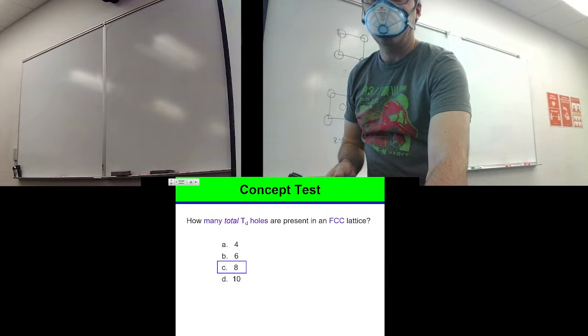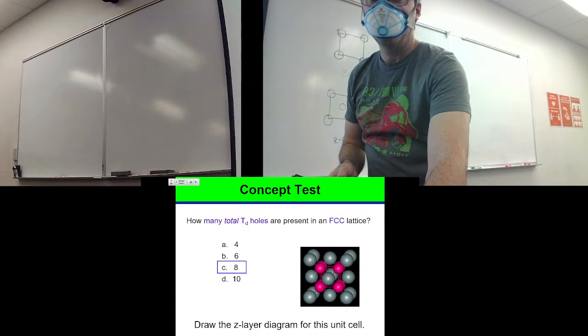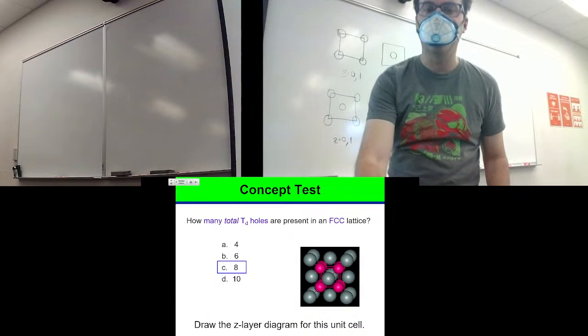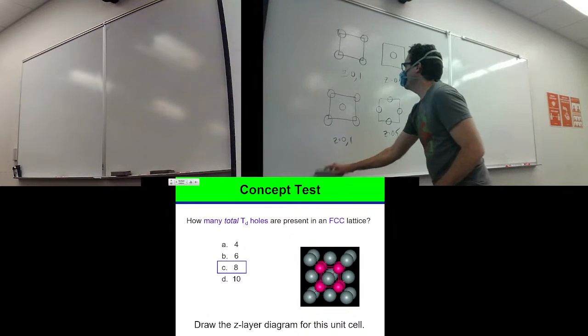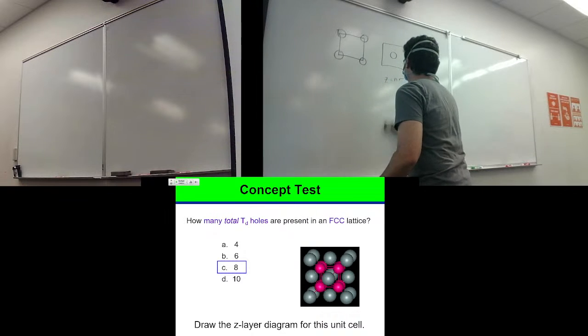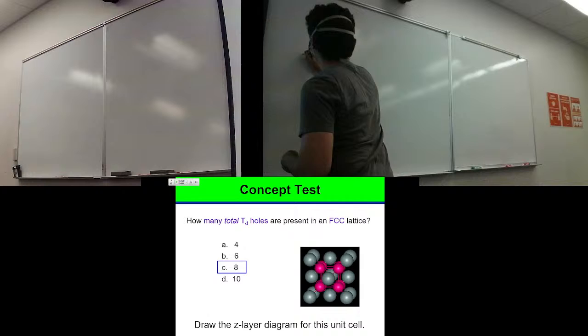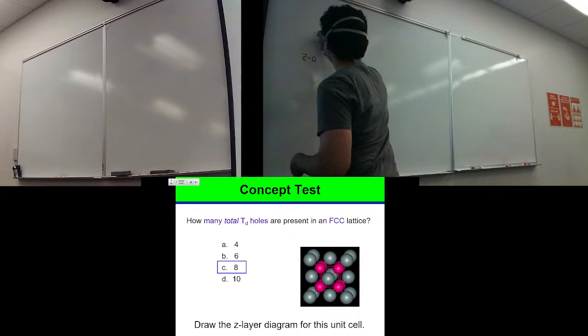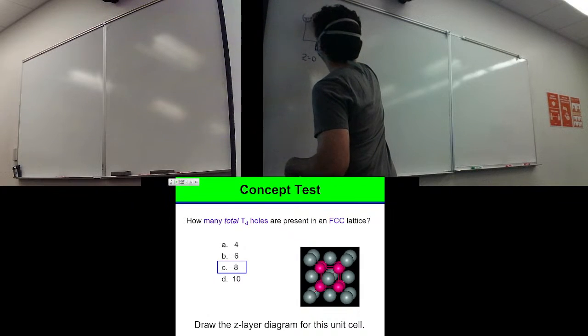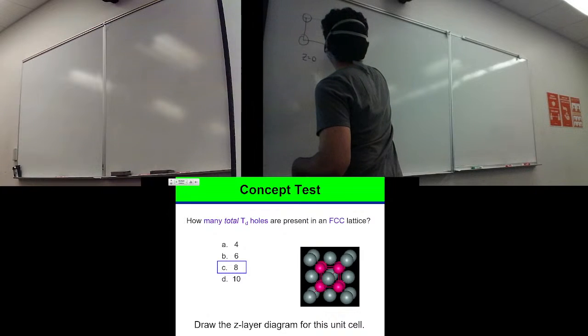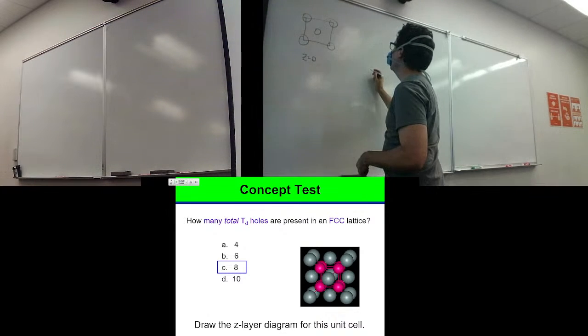All right, so when we look at the diamond structure, let's do the Z-layer diagram for this cell, just to have it clear. We're going to start with FCC. So your Z equals 0 layer: you have your corner atoms, and you have your face atom.